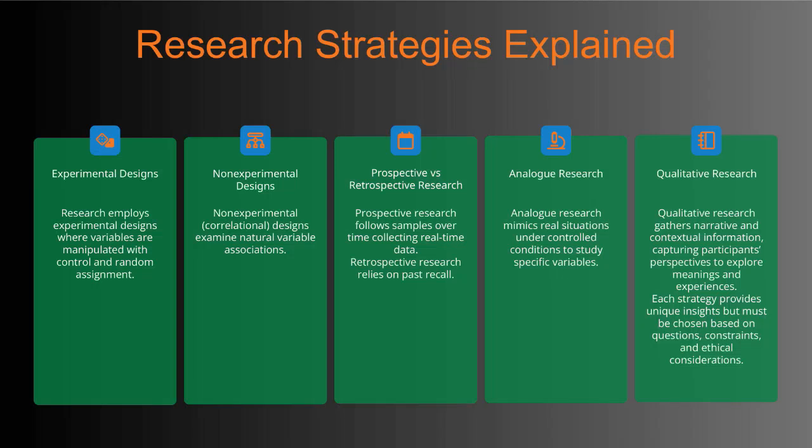When we talk about research strategies, there are several key approaches to consider. First, experimental designs are where we actively manipulate variables, using control groups and random assignment to establish cause and effect relationships. In contrast, non-experimental or correlational designs simply observe natural associations between variables without manipulation. Then, we have prospective versus retrospective research.